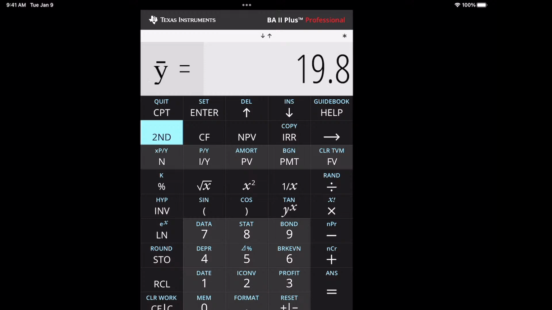Now keep going, scrolling. Now it shows you Y: the mean, the standard deviation, the sample mean, the sample standard deviation, and then the population standard deviation. What is the relationship between the sample standard deviation and the population standard deviation? What's the difference in the calculation? Look at the numbers.